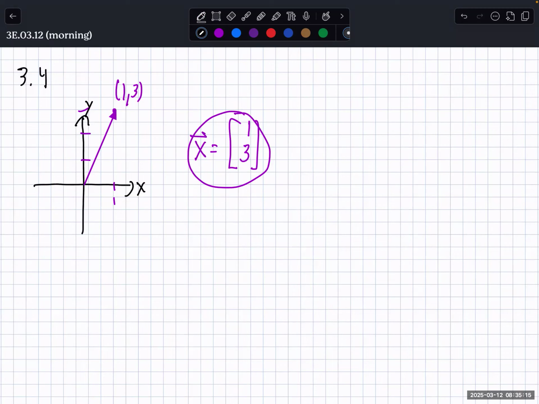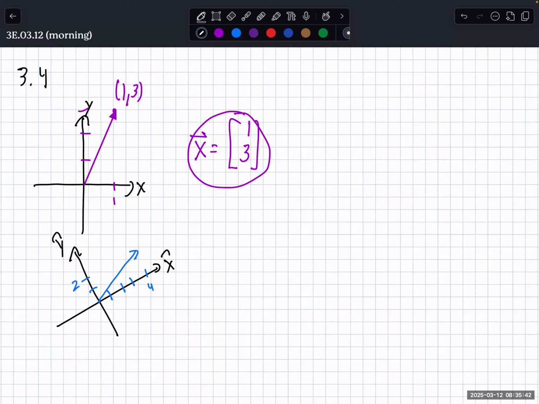Okay, but nothing says that X and Y have to look like this. I could make another XY coordinate system. Let's call this X hat and Y hat. And I could go 1, 2, 3, 4 units this way, 2 units that way, and draw the arrow there.